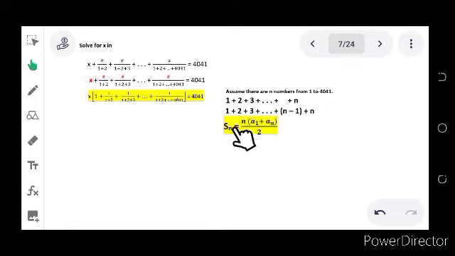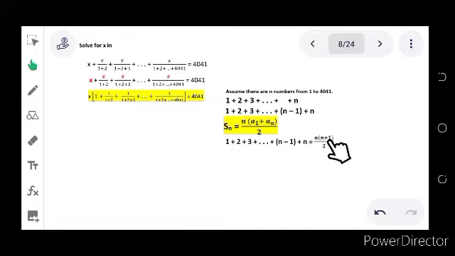Using this formula for the arithmetic series, since we have the first term and the last term, these numbers from 1 to n will have a sum of n times (n plus 1) all over 2. A sub n is your n, and then the a sub 1 is 1. Since addition is commutative, we can interchange their position.